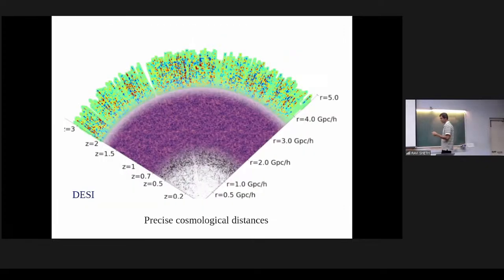This is an estimate of the current big spectroscopic survey, the Dark Energy Spectroscopic Instrument. We are the observer here, and there is one set of galaxies that they've selected in a certain way, another set of galaxies selected out to bigger distances, and then these are quasars.